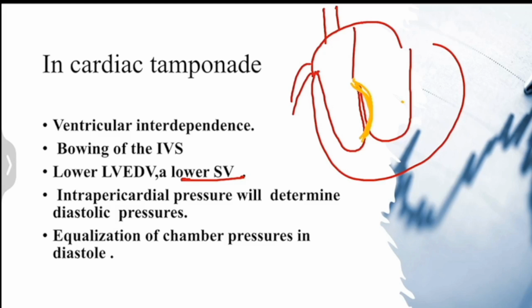So there are mainly two reasons. One is the negative pressure acting on the pulmonary vasculature producing sequestration of the blood, and second is the interdependence of the ventricles. That is, the ventricular septum bows or bulges into the left ventricle, reducing the left ventricular output. Hope these two points are clear to you.